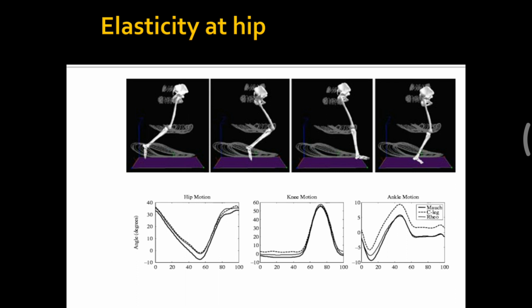Now, if you look at the first picture, this is the picture when your swing phase is just going to start, and the last picture is when your stance phase is going to end.